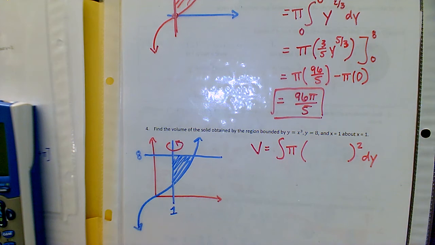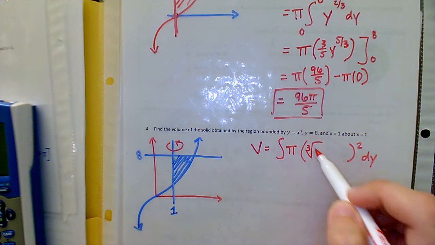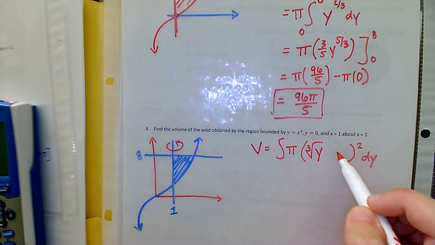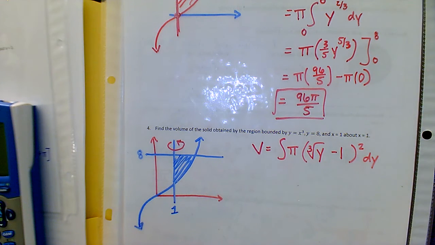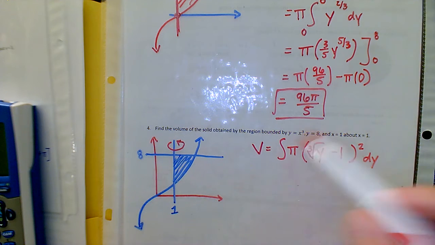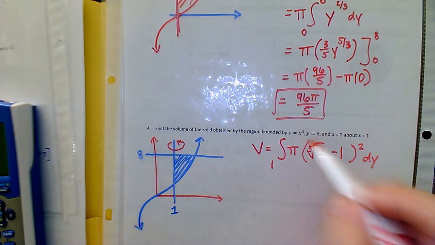Any takers for the setup? Good, Eric? Cube root of y, and then minus 1. Good. Okay, after the cube root. Perfect. So we have the equation minus the axis. What about the bounds? 1 to 8.